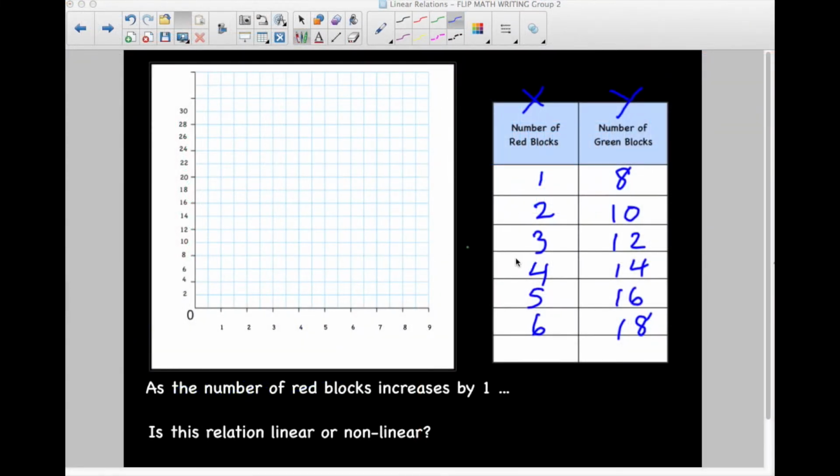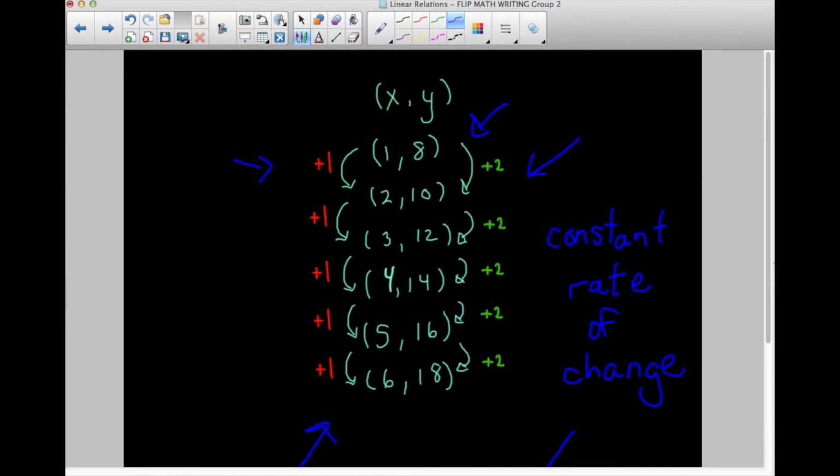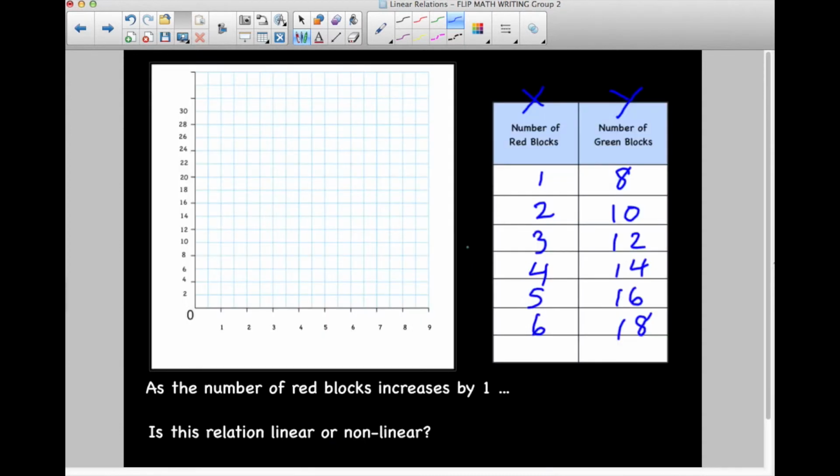We've now shown how we can represent our block pattern as a set of ordered pairs and also as a table. Let's see what it looks like on a graph.